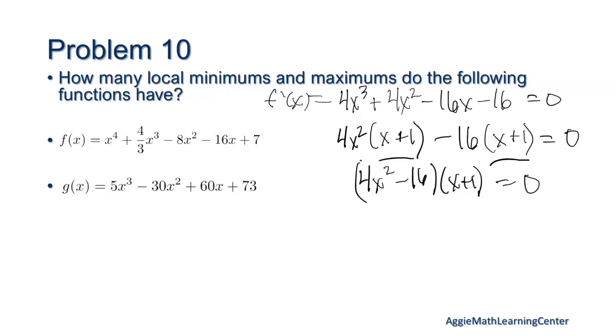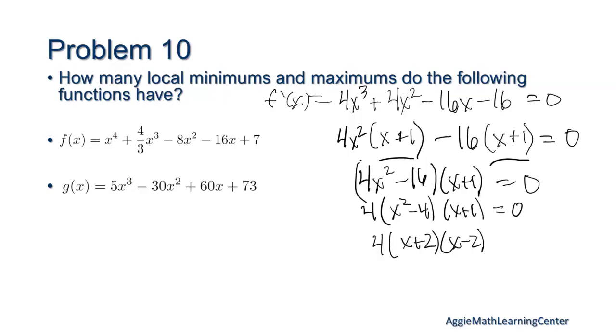Or you can pull out an x plus 1, however you want to think about it. I think I can factor this even more. If I pull out a 4, I get x squared minus 4 times x plus 1 equals 0. And that's a difference of squares. So x plus 2, x minus 2 times x plus 1 equals 0. Okay, so our critical points are x equals 2, negative 2, and negative 1. Cool.